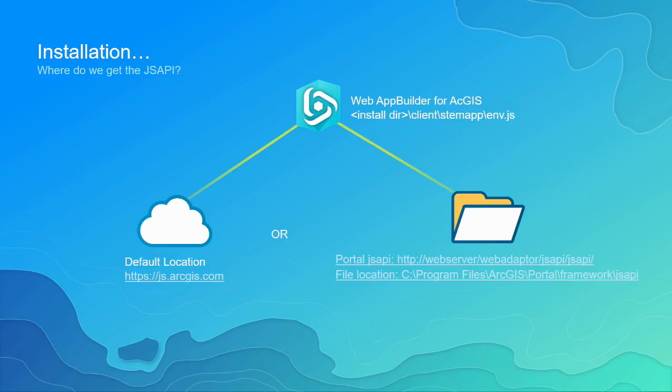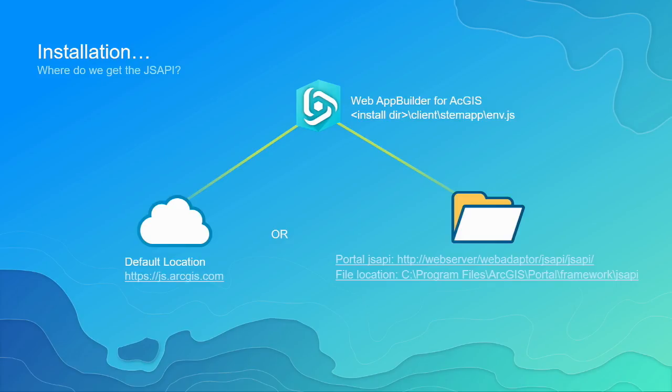The first question we wanted to answer is where the JavaScript API is coming from. Because by default, in the downloaded version, it's going to use our CDN and go out to js.arcgis.com and grab the latest version of the API and use that.